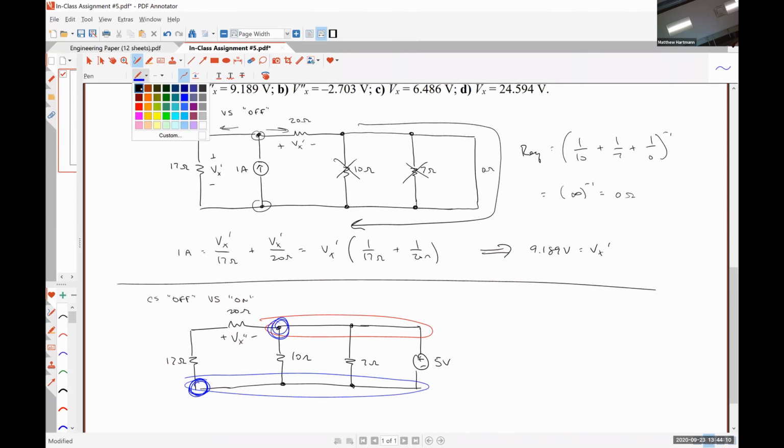So using voltage division, we can say that Vx double prime is going to be negative, and I want to explain why that is, even though I talked about it in the video lecture. Voltage division is defined to where we have, let's say, 2 resistors in series, like so. Call this guy R1, call this guy R2.